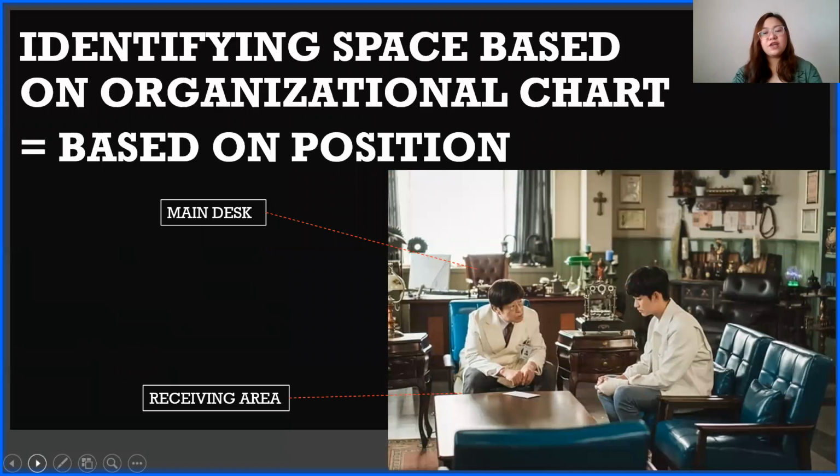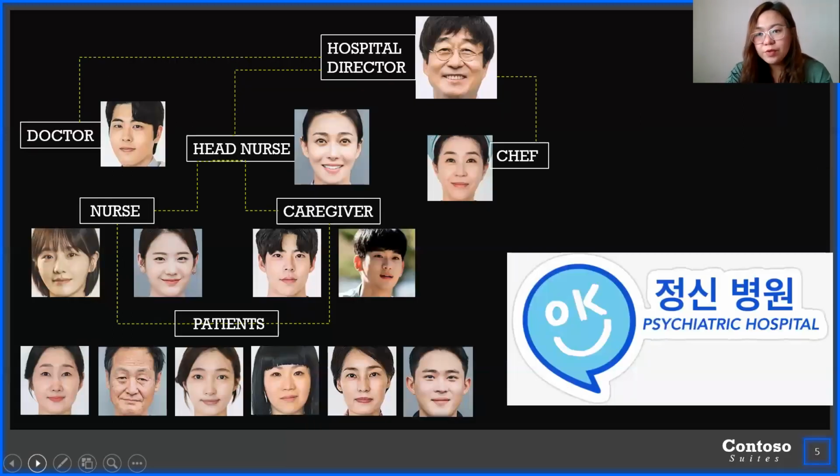Okay, next is we can now identify the space, the dimension, ano yung kailangan ng isang area based naman sa position dun sa organizational chart. So, balik tayo sa organizational chart natin. We have the hospital director as the head.